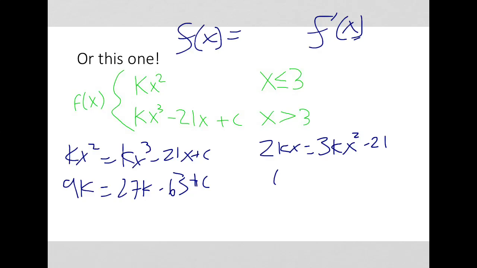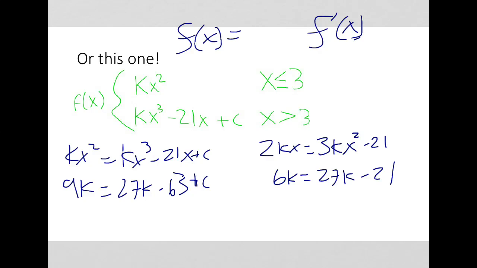So I'm going to get 3 times 2 is 6k equals 3 squared is 9 times 3 is 27k minus 21. And now I'm going to figure out what k is.